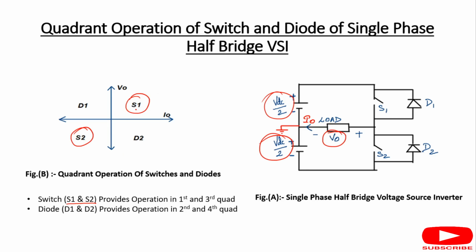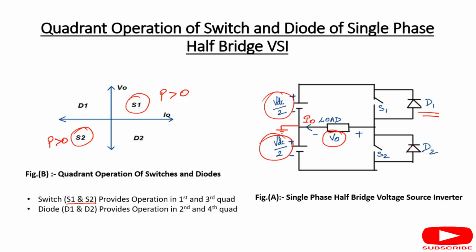In both quadrants the power is greater than 0, which means it absorbs power. But when diode D1 conducts, it reverses the current of switch S1, but it does not change the voltage polarity.